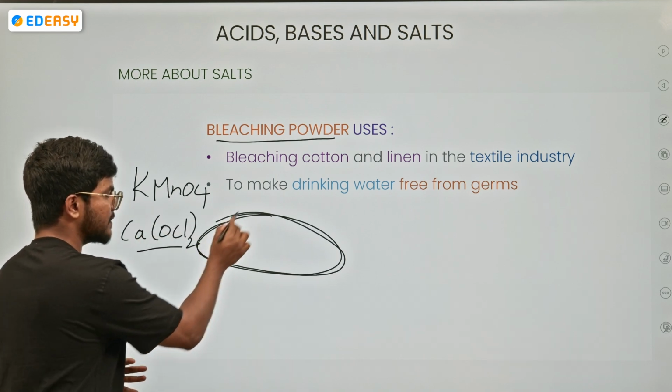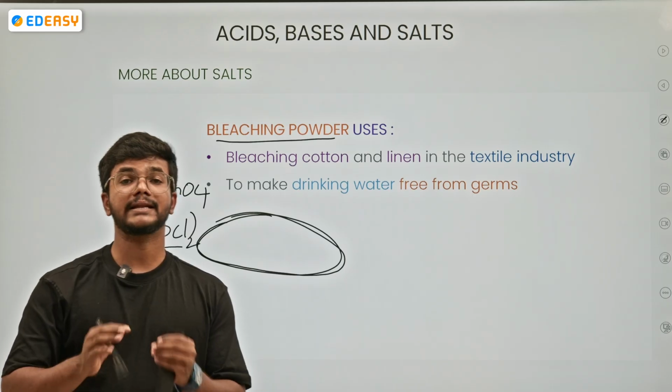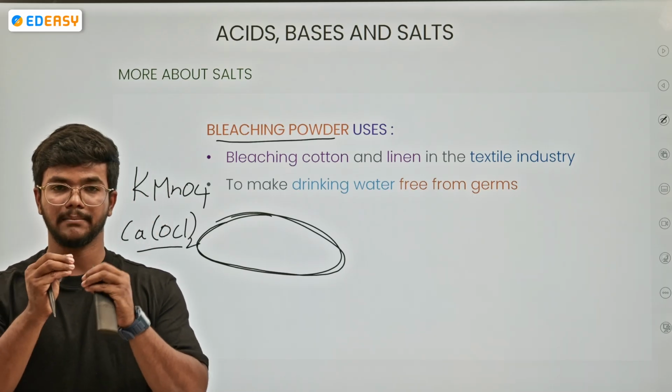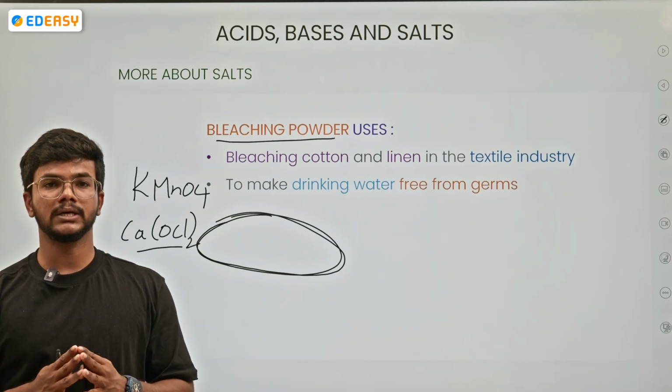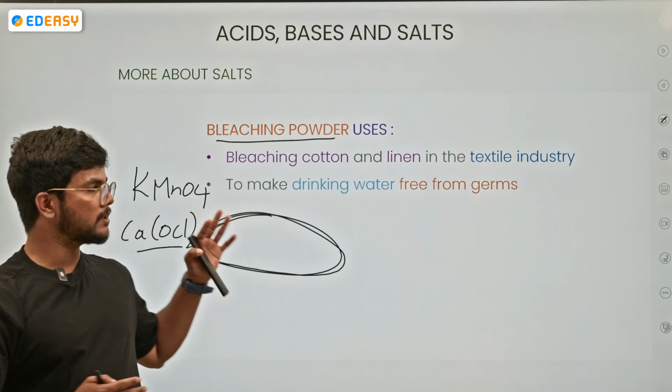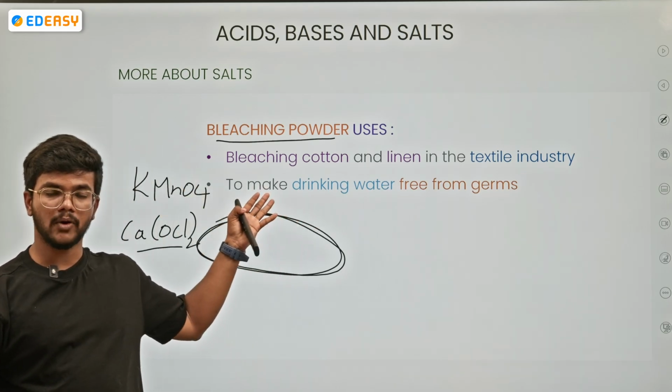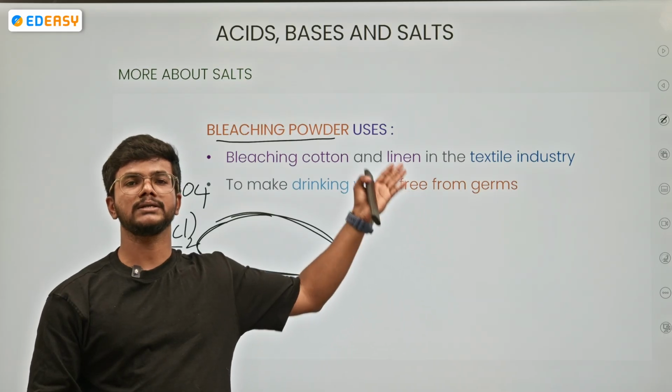When they react with the membrane of the bacteria, they will rupture the bacteria membrane, which leads to the death of the bacteria. So this is how the bleaching powder makes the drinking water germ free.